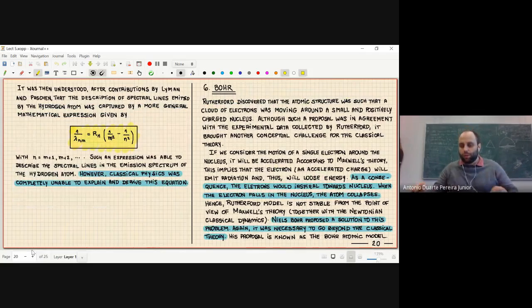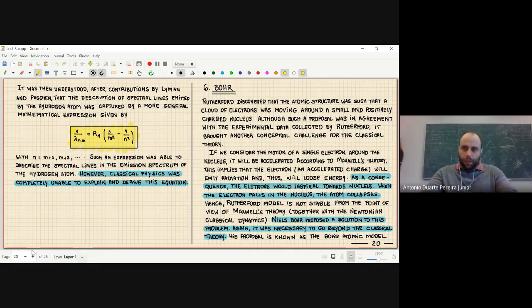Yesterday, I explained to you that Rutherford discovered that an atom would be made of a tiny nucleus with a positive charge and with electrons around it in a cloud. And this model seemed to be correct in view of those experiments that I described to you with alpha particles being thrown against the gold foil.